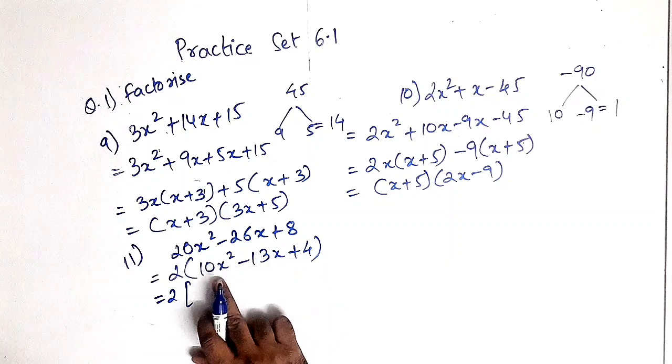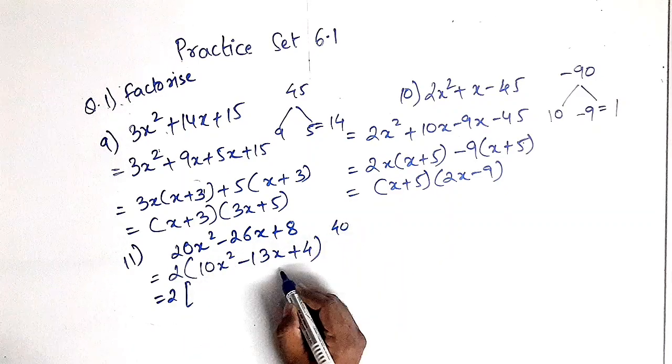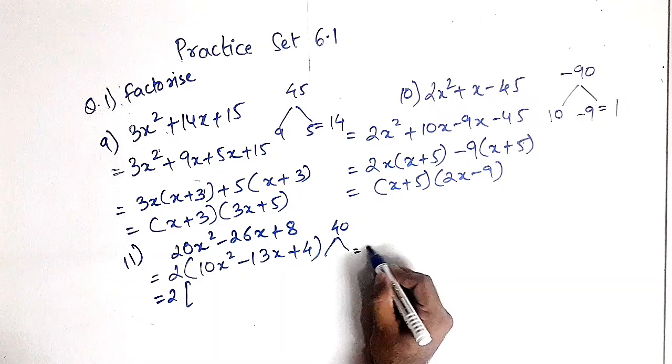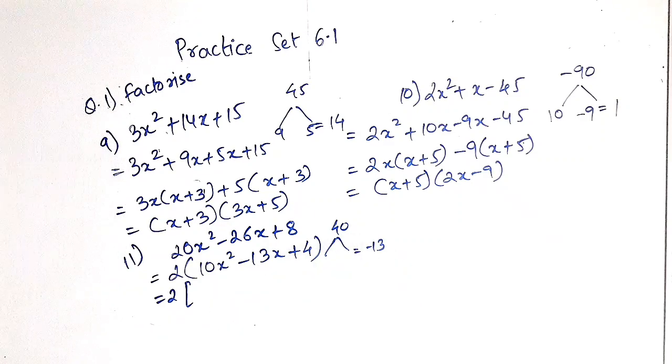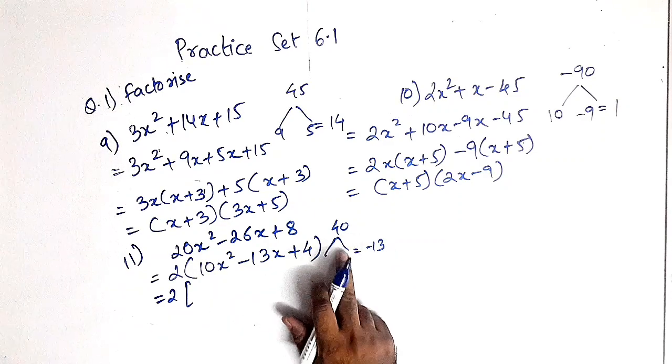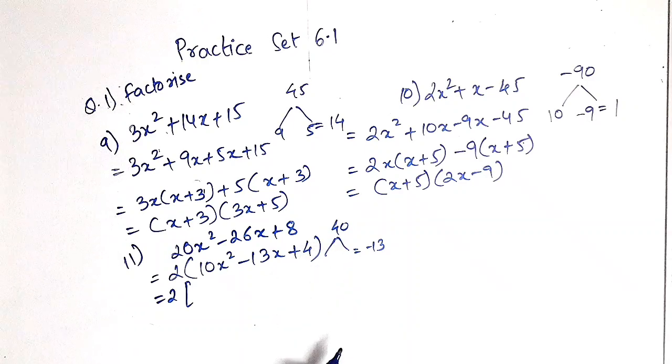We have to factorize. So 10 fours are 40, and I want the factors of 40 such that I'll get minus 13. 10 fours are 40, but it will not give you 13.